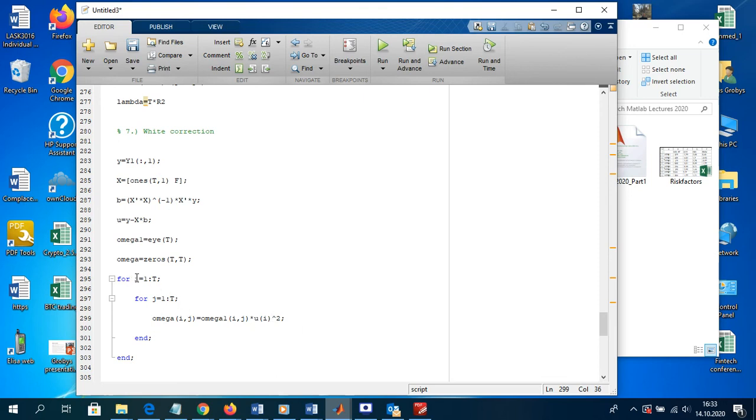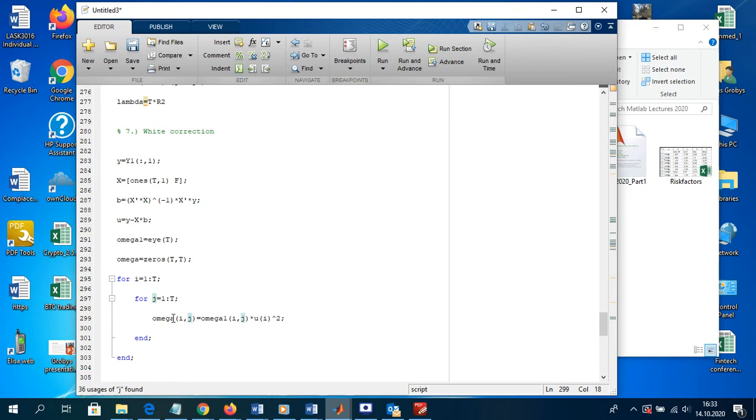Only if i goes to 2 and j is 2, what is then? In the omega 1 matrix we find again a 1, and we multiply it with the second element, because i is 2, square it, and put it in position 2 2 of our omega matrix.